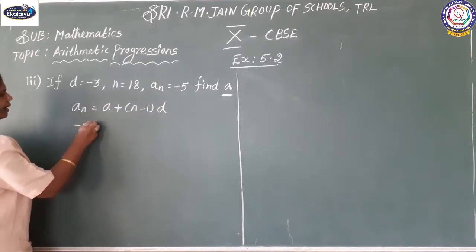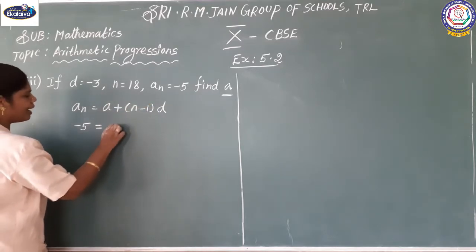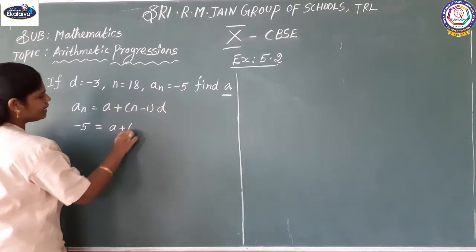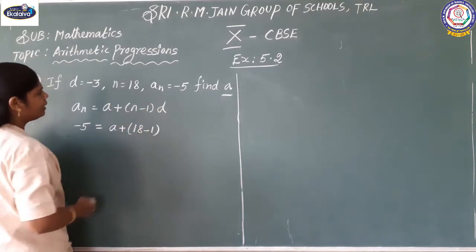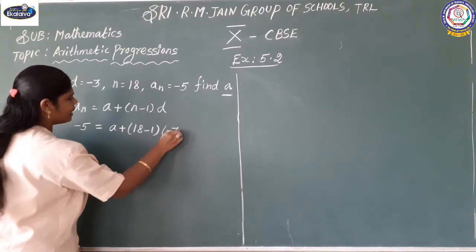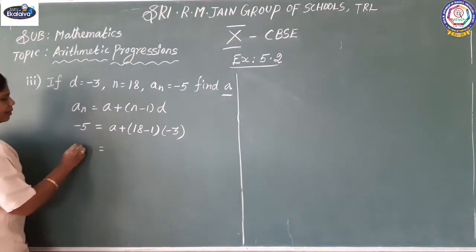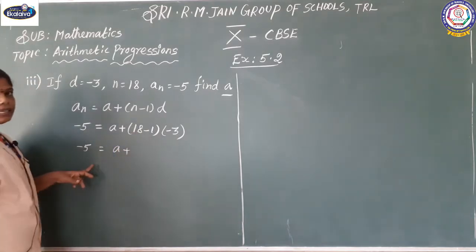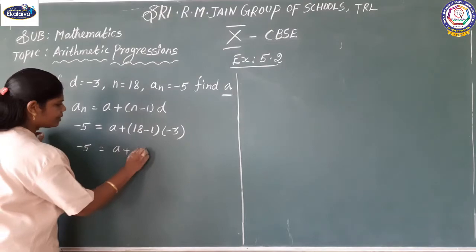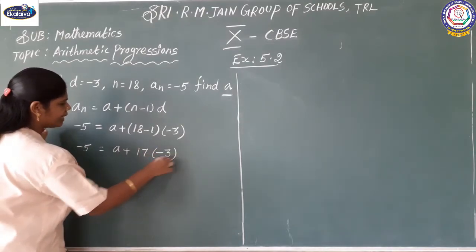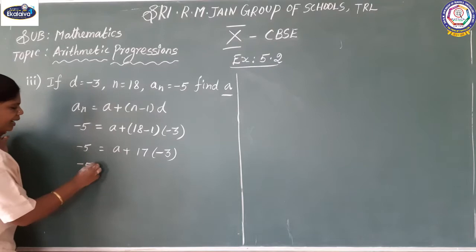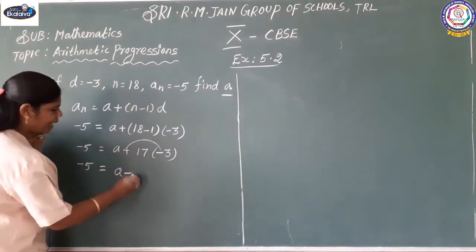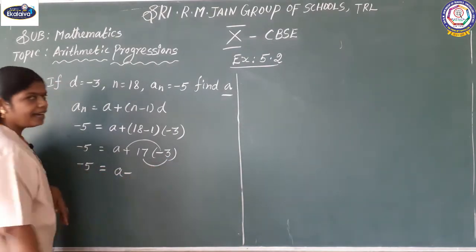So minus 5 equal to a, write it as it is, plus, here n 18, so 18 minus 1 into d minus 3. So minus 5 equal to a plus 18 minus 1, you get 17, so 17 into minus 3. So minus 5 equal to a, here plus into minus, minus 17 3s are 51.